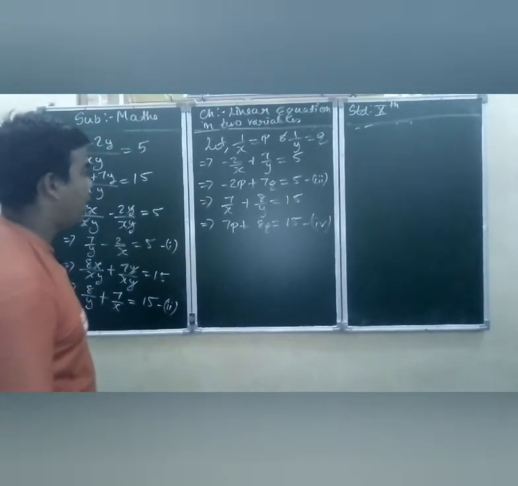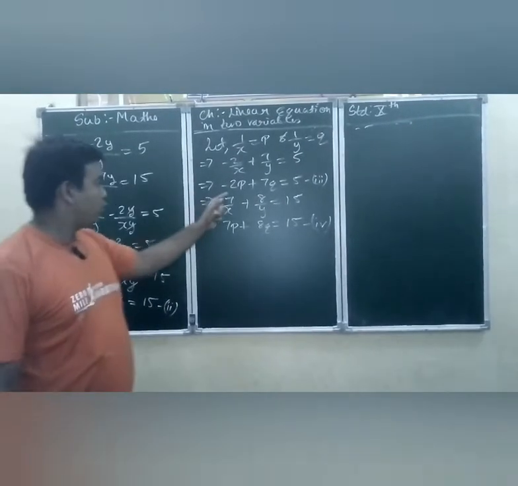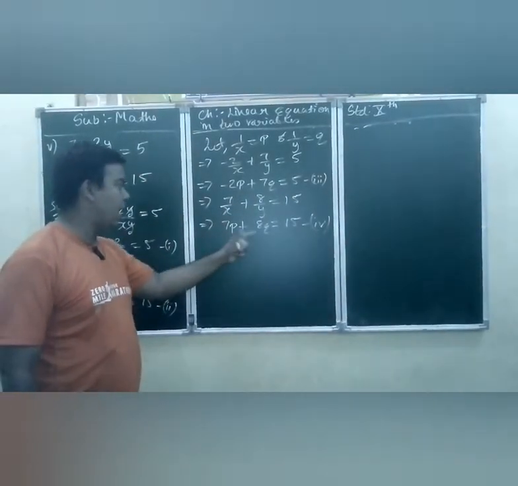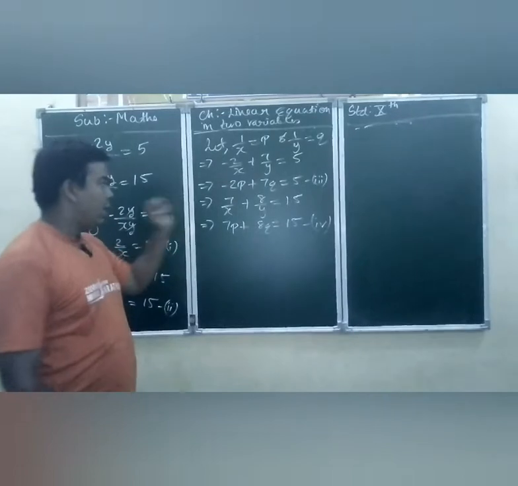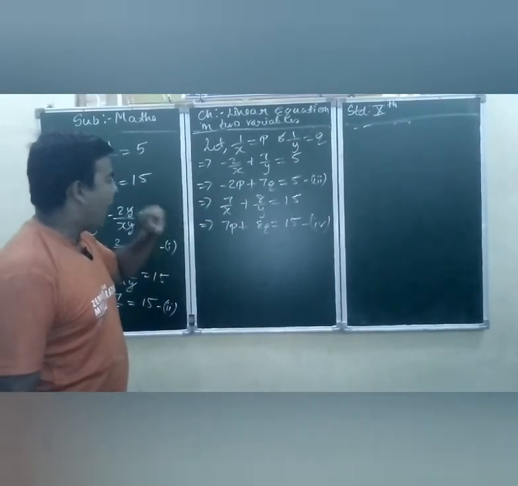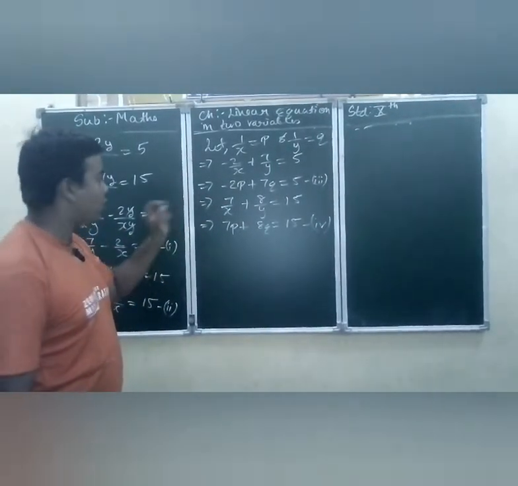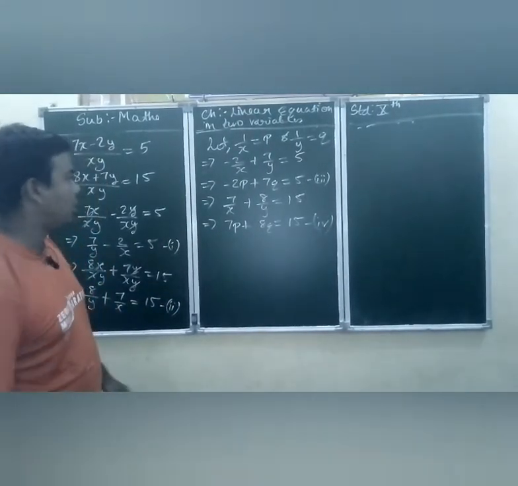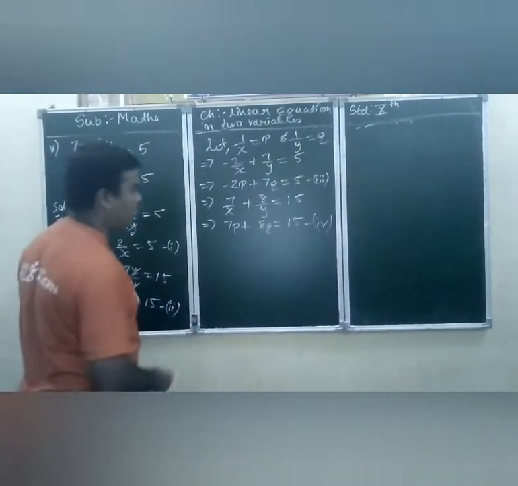Okay, now what to do? Minus 2p plus 7q is equal to 5, 7p plus 8q is equal to 15. Here no constant is the same, so we cannot easily multiply and get the same value. So what to do?